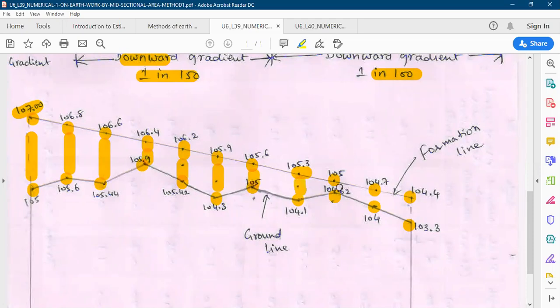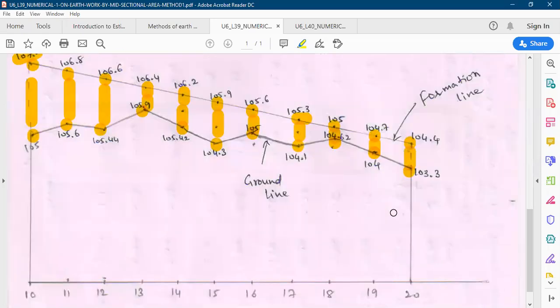Like that we can calculate the difference of RL of formation minus RL of ground. Those values will give the depths.